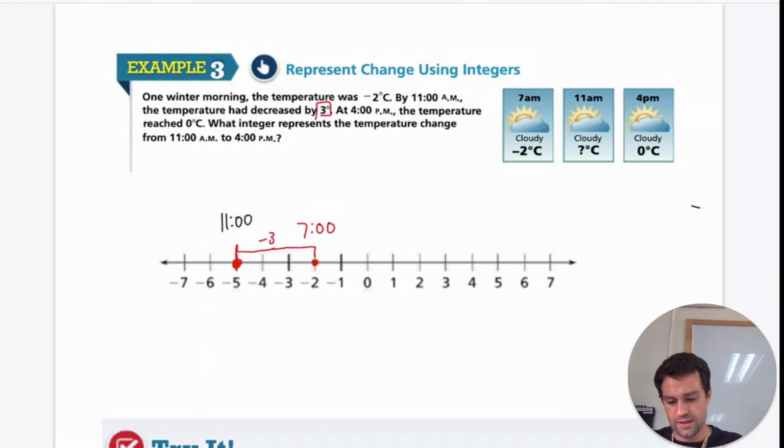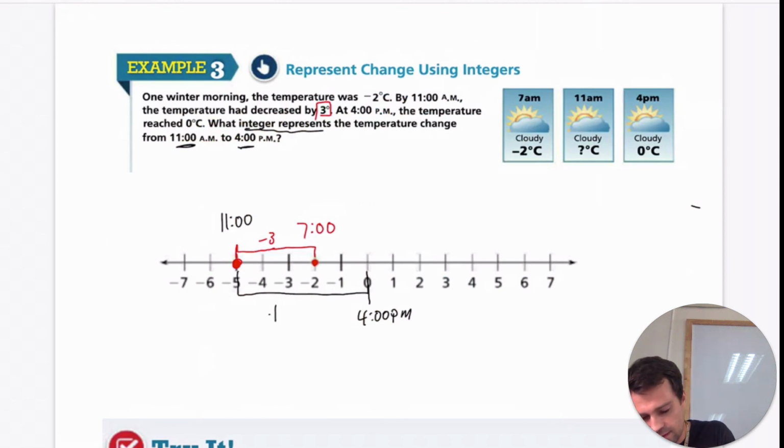At 4 p.m., the temperature reached 0. So now it is going up to 0 at 4 p.m. What integer represents the temperature change from 11 to 4? So the integer change means we are increasing by 5. So the integer is 5.